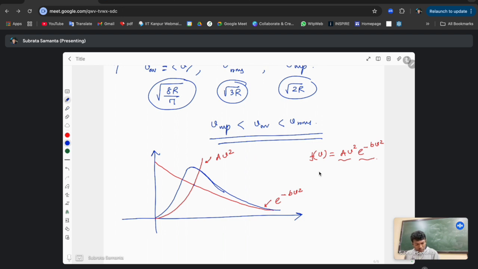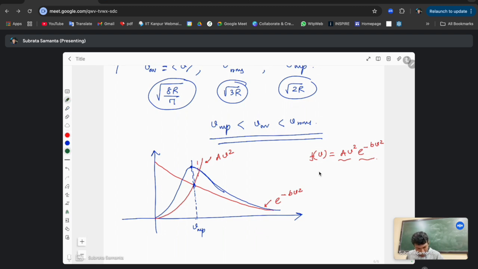So the maximum point is basically this point, and the curve must pass through this point. This is your v MP, and your v average is just after this point.